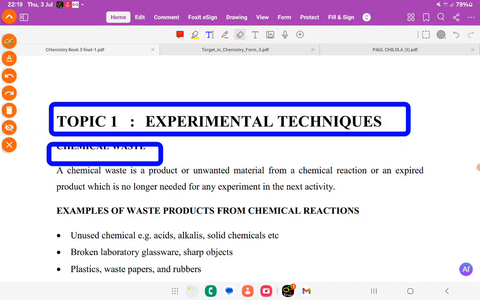What is a chemical waste? In chemistry, we shall limit the meaning of a chemical waste to a product or any unwanted material from a chemical reaction.